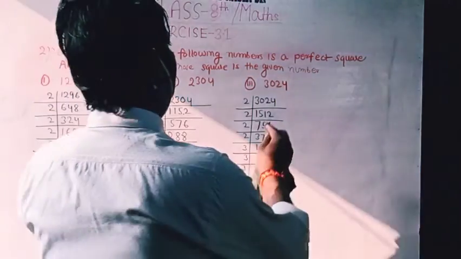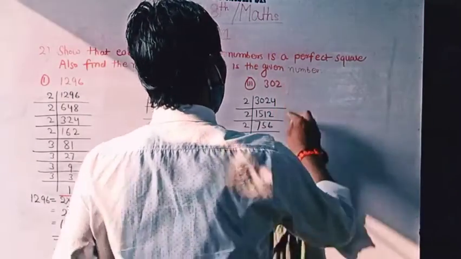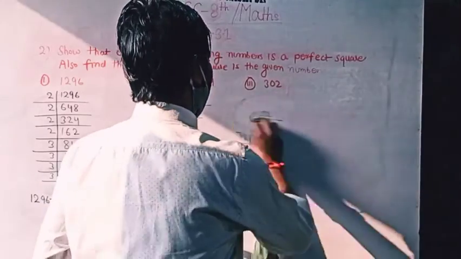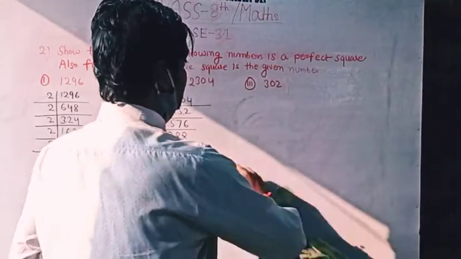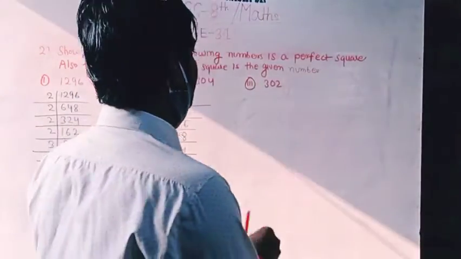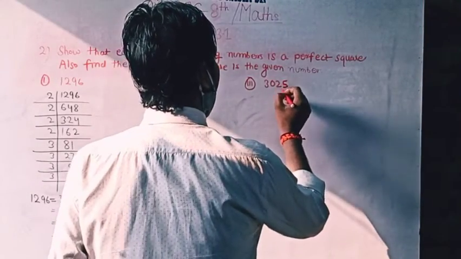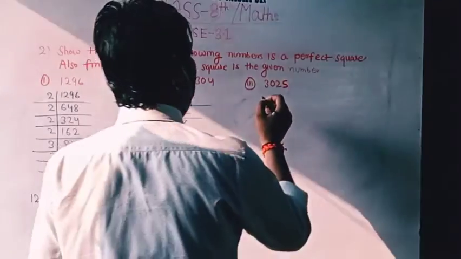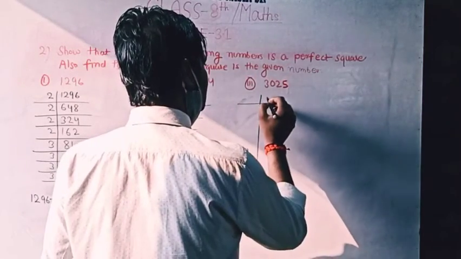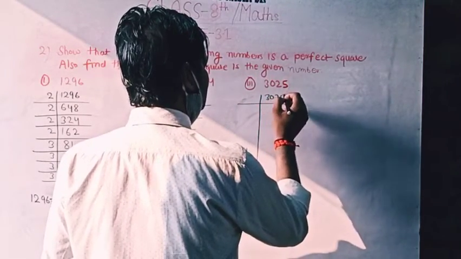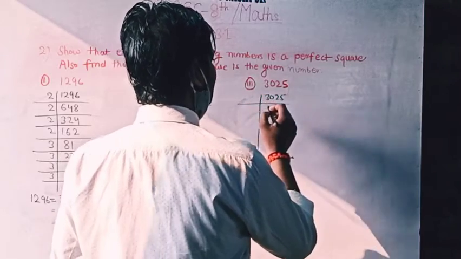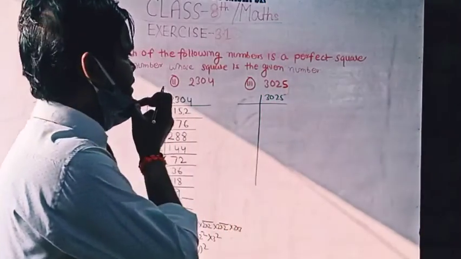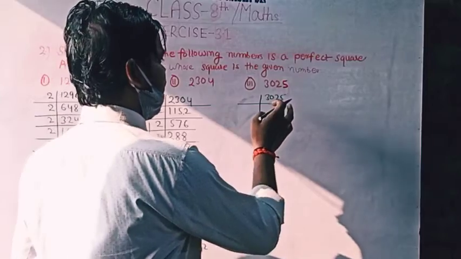Okay children, here the given number is 3025, not 3024. Now dividing 3025, now finding its factors.